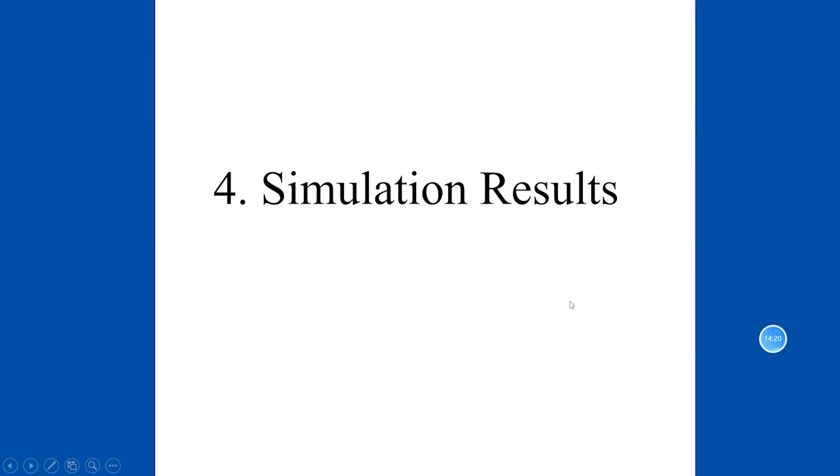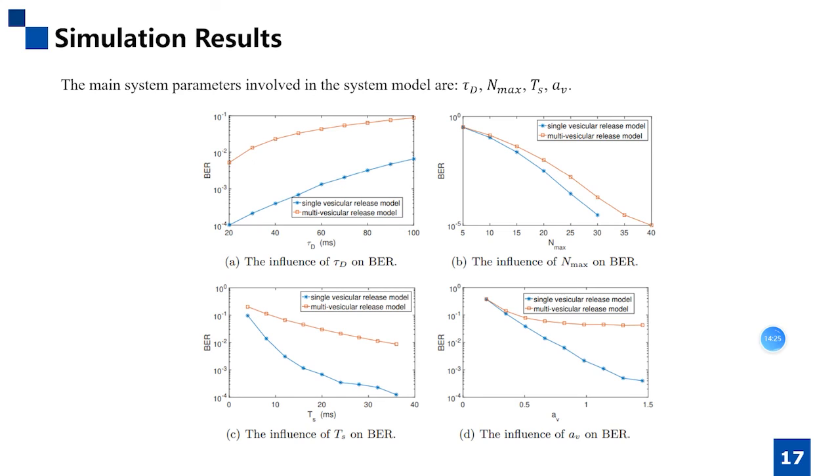In the next section, the simulation results are introduced. From the system model, the main system parameters involved are the mean recovery time of vesicles tau, the upper limit of the RP, N max, the symbol period Ts, and the vesicle fusion rate Av.